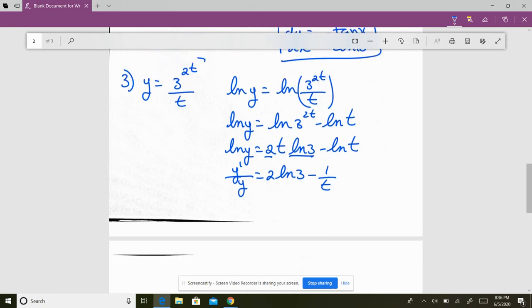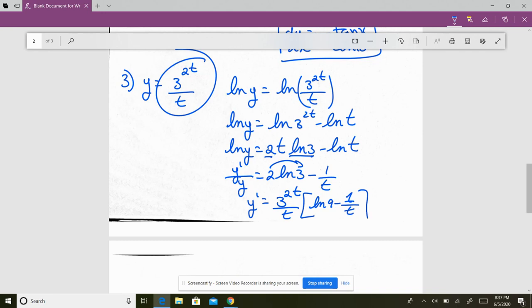What was y? It's this thing. So y prime is equal to 3 to the power of 2t over t times, I'm going to move that 2 up, 3 squared is 9, so we have natural log of 9 minus 1 over t. And there you go, you're done.